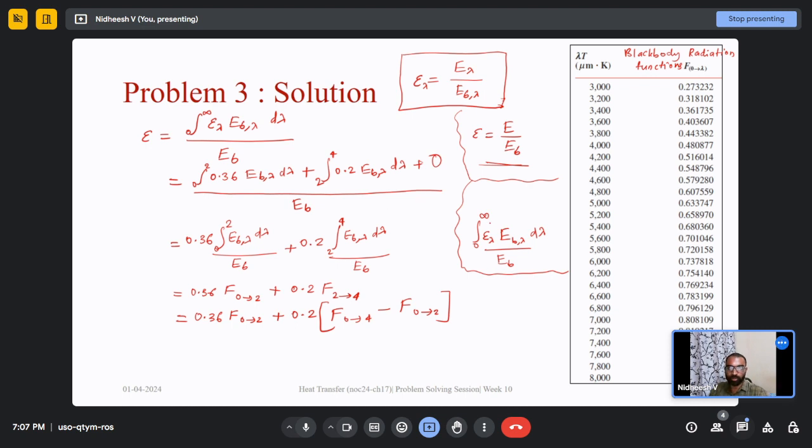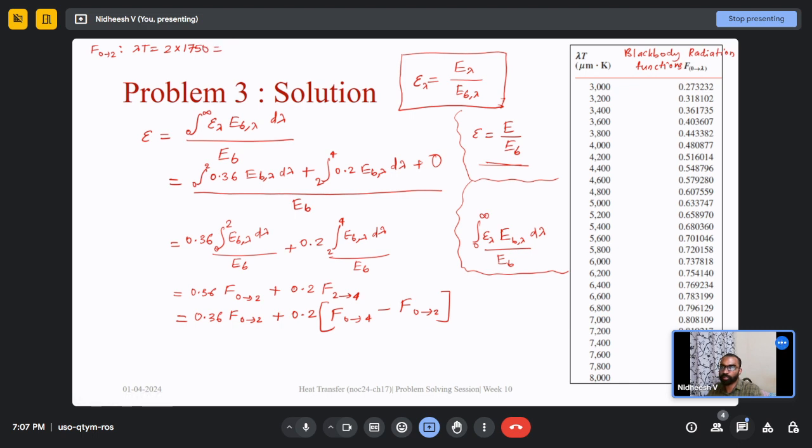So for, let me write it here due to lack of space. For finding out F02, lambda T is equal to 2 micrometers into 1750 Kelvin.